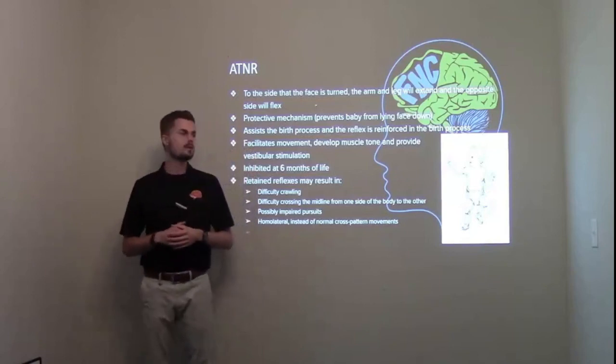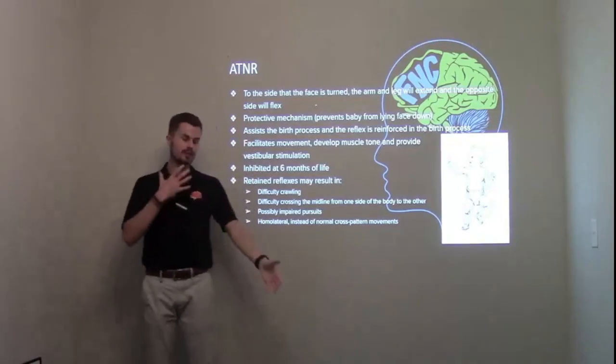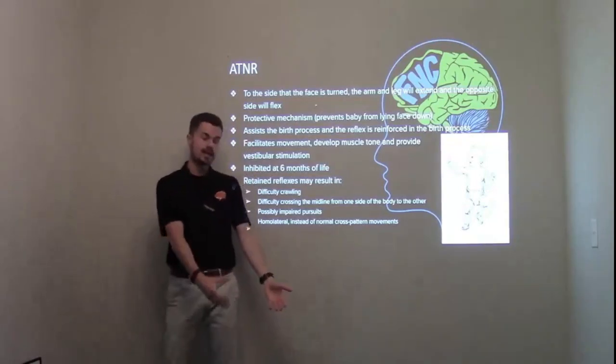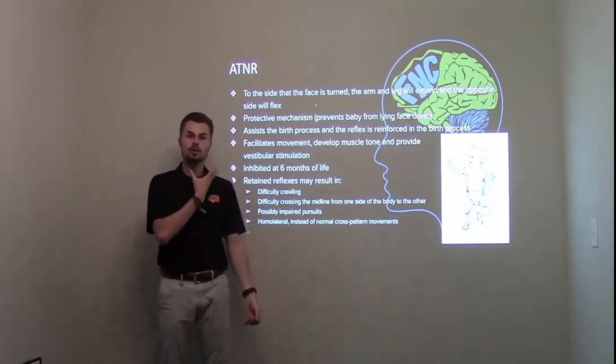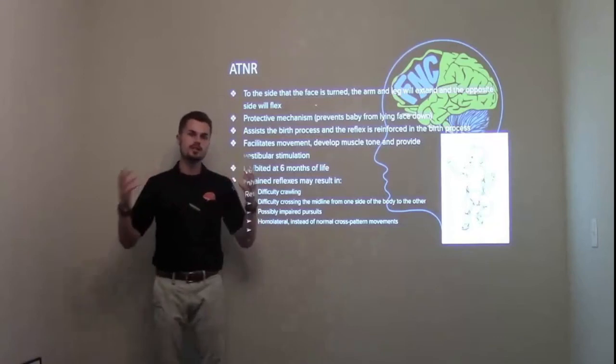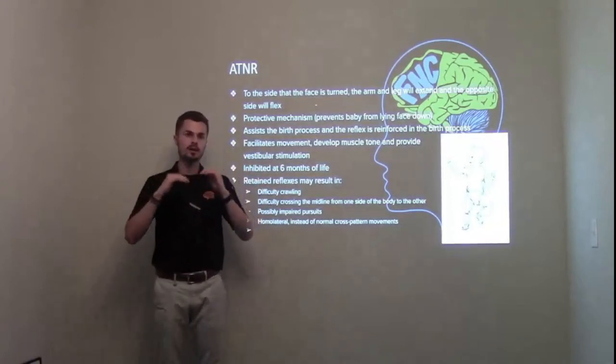So the baby is moving their head, creating this response and creating muscle tone on that one side, and that proprioception is coming into the vestibular nuclei as well. So they start developing these connections and this lateralization in their brain.